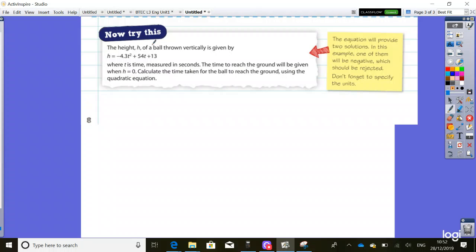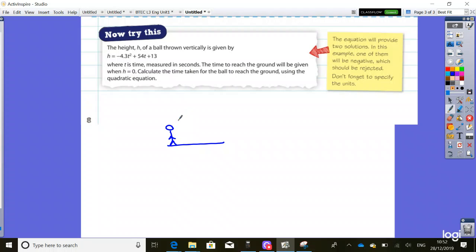Okay, so this is a real life problem. A ball is thrown vertically and its height is given by h equal to a quadratic expression. Now notice it's negative. So if I just show you, let's say that person standing there is throwing the ball vertically upwards.